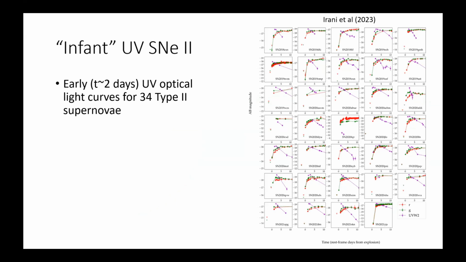Swift is a UV satellite, and UVOT is its UV instrument, as soon as 2 days, sometimes before, sometimes after, for many of the supernovae in our sample. On the right-hand side, you can see all of our data for a subset of the filters.